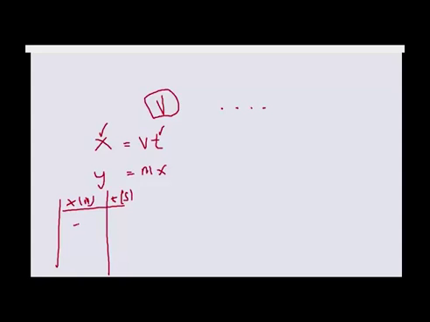You got each x value corresponding to a time value. Now, if you draw a graph of x on the y-axis, why? Because x is in the position of y. Look at that, x equal to vt is similar to y equal to mx.